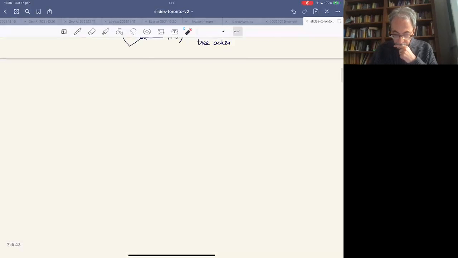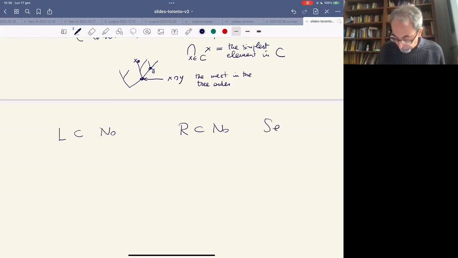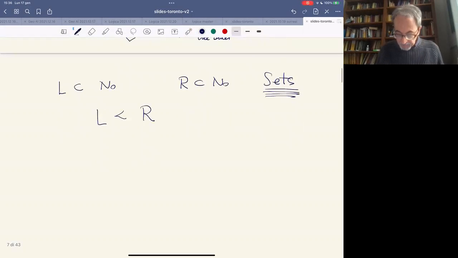Now, suppose that you have two sets of surreals, sets, not classes. And suppose that L is less than R. L less than R means that for every X in L and for every Y in R, X is less than Y. So you have to imagine it in this way.